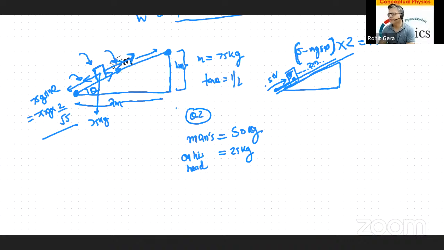He moves through a distance of 20 meters on an incline, and the incline is 1 is to 10.